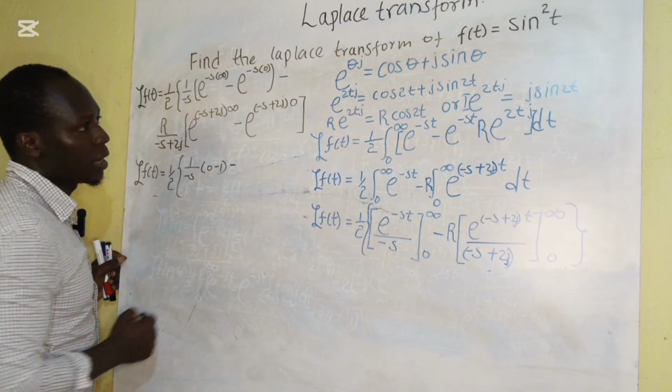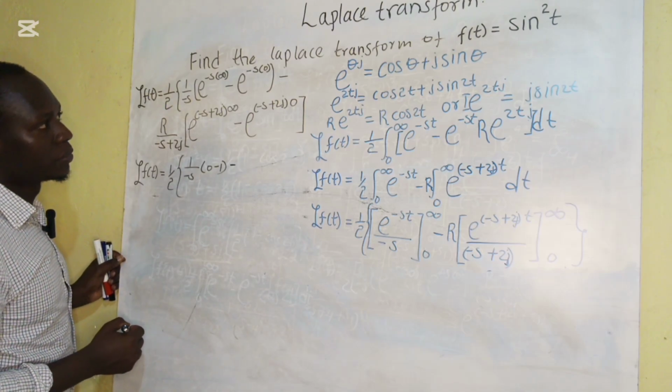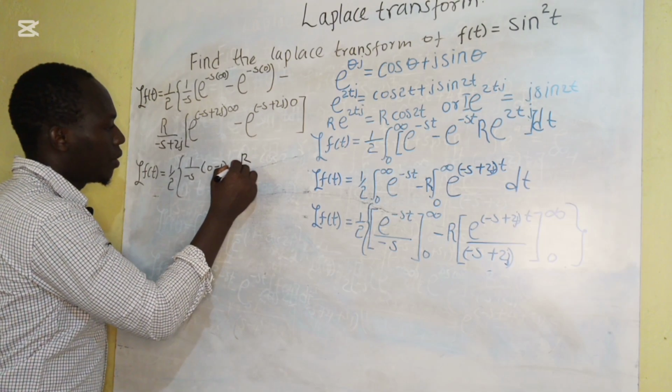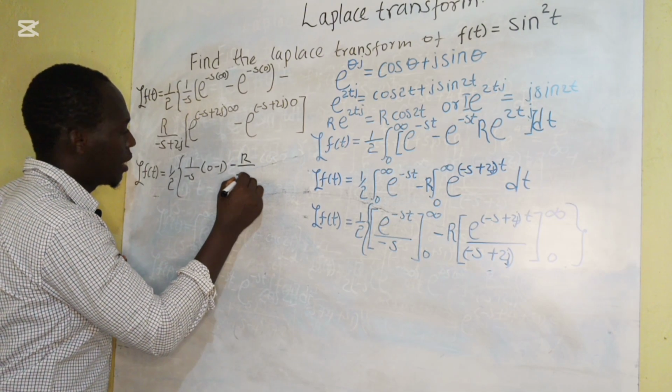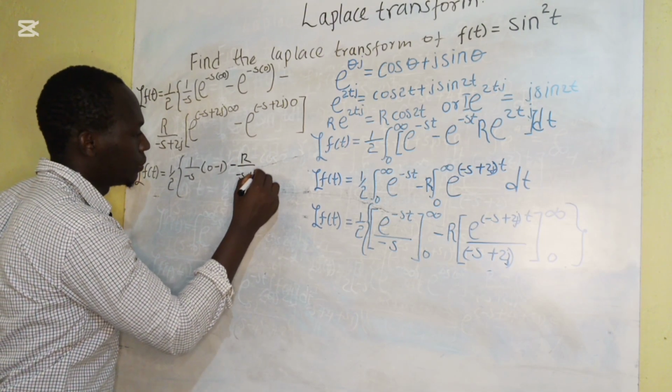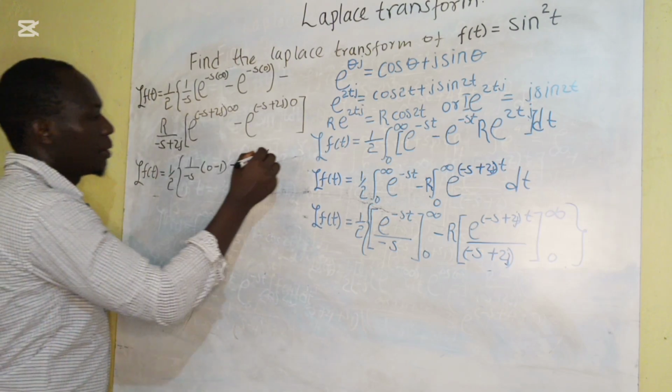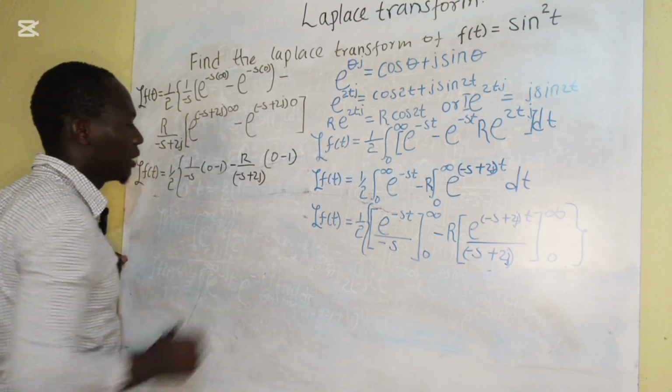We come and subtract from r all over a negative of s, we add to 2j. Everything we multiply by, here we are going to have 0, we subtract from that.